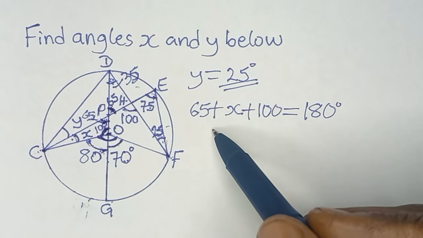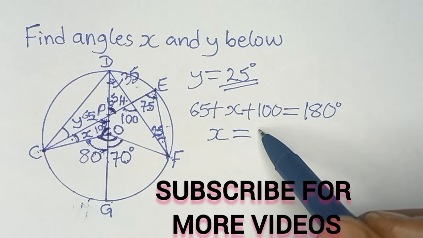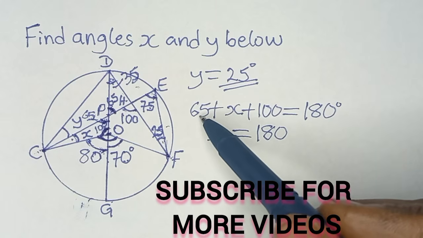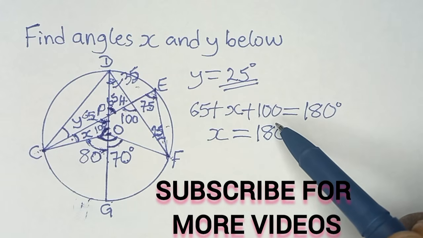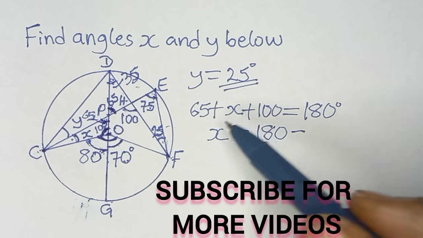So I can simply leave my X on this side and say it is equal to 180, which is already on this side of the triangle, minus 65 plus 100, which is 165. When it comes to this side, it becomes negative, because on this side it is positive.